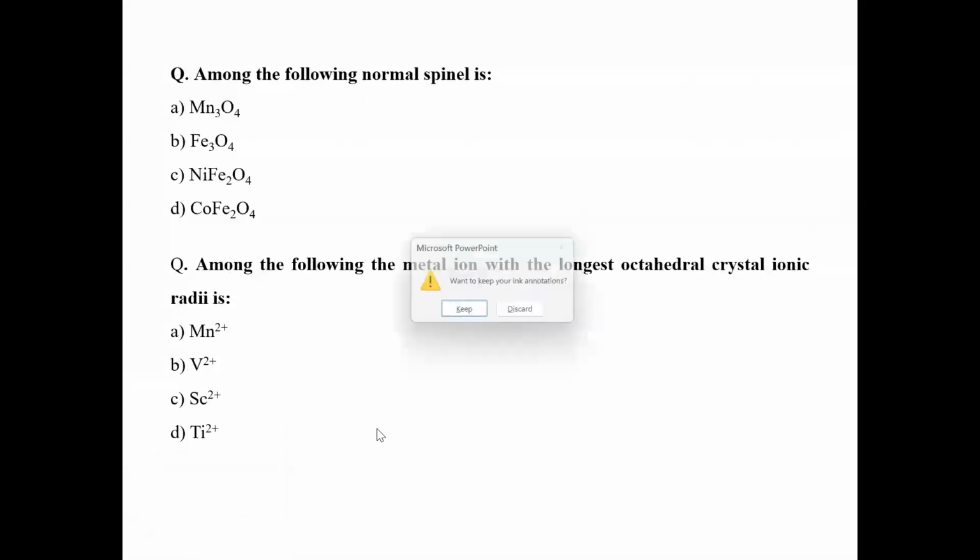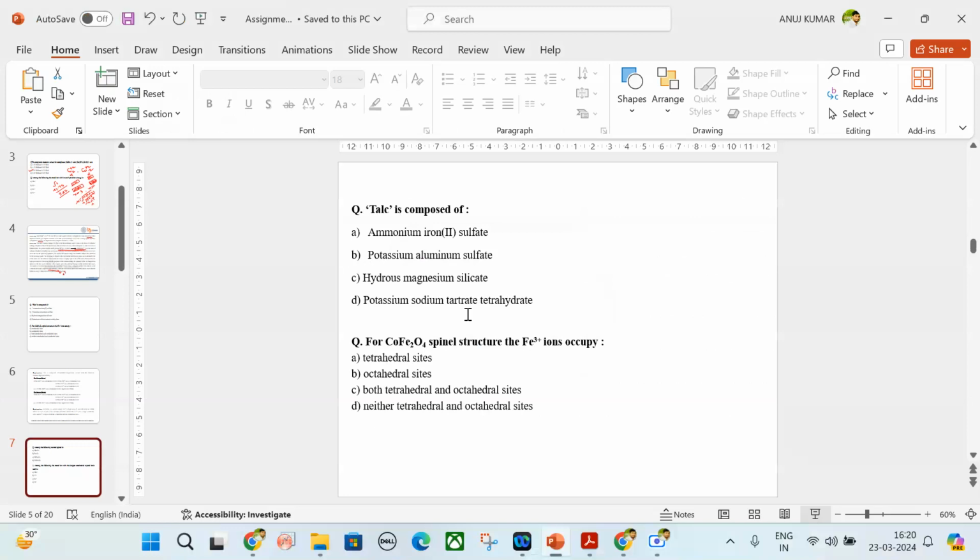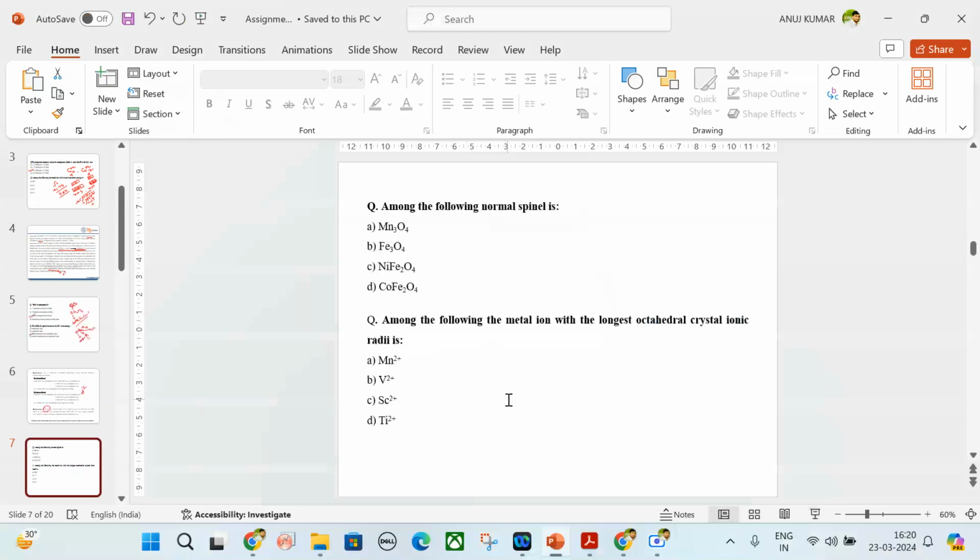Any guess? Just identify the metal ion and its electronic configuration.